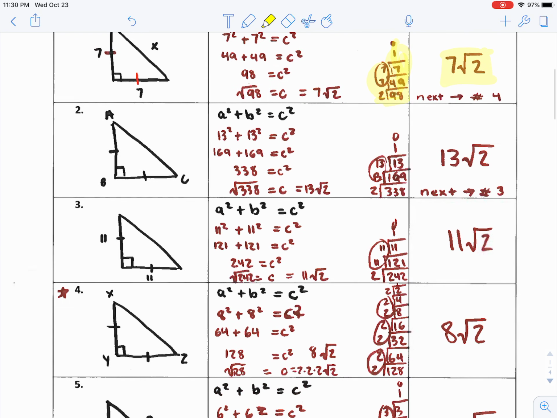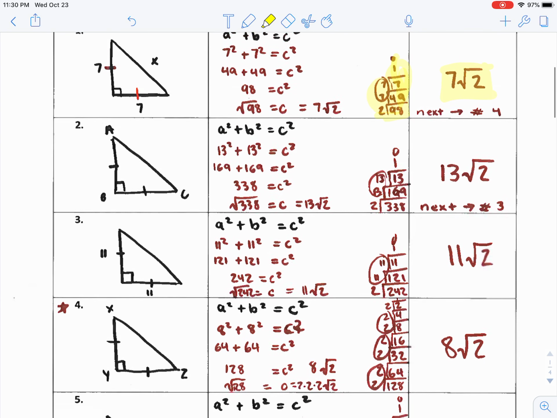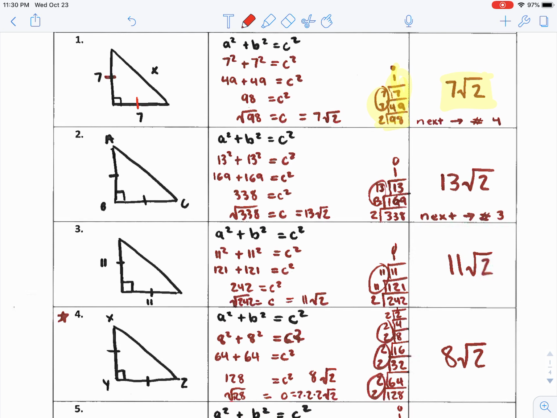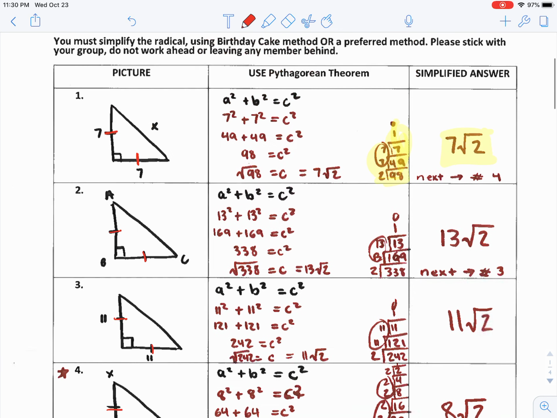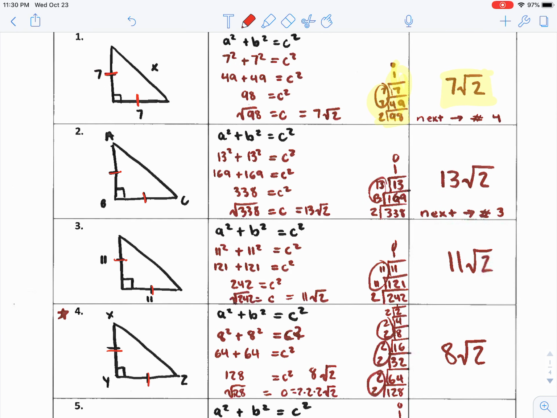On the front, all of your triangles were triangles with two congruent legs, or they were isosceles right triangles. And all of your answers ended up being the length of the leg times radical 2.